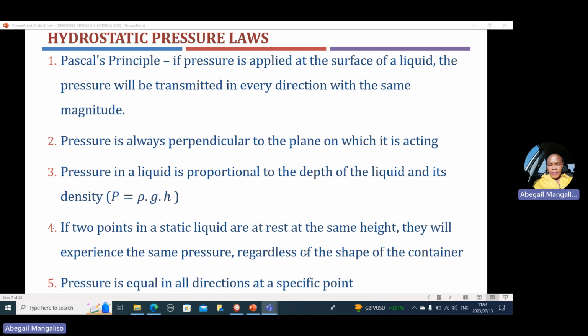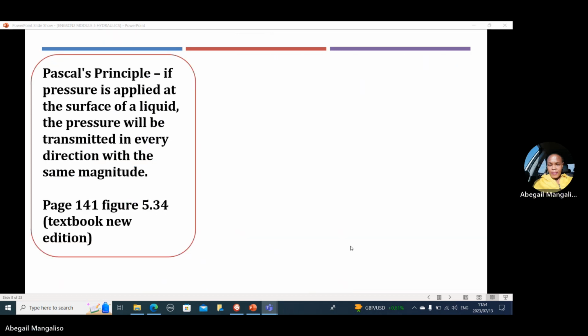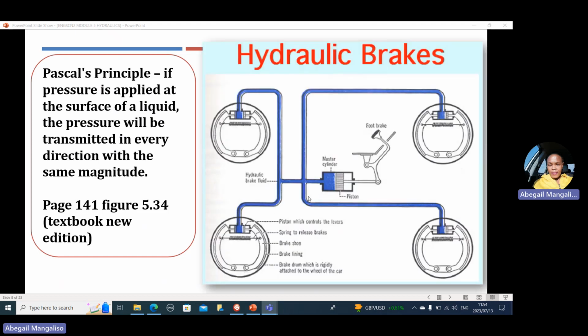Number 5, pressure in air is equal in all directions at a specific point, which is similar to Pascal's principle. Pascal's principle again states that if a pressure is applied at the surface of the liquid, the pressure will be transmitted in every direction with the same magnitude.